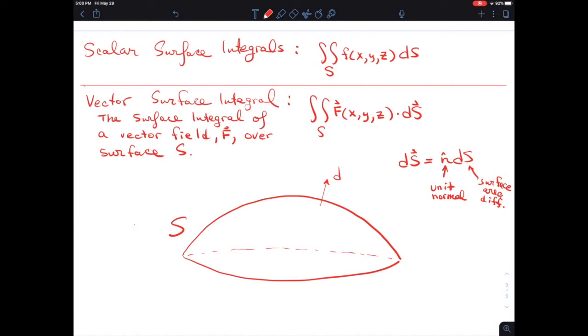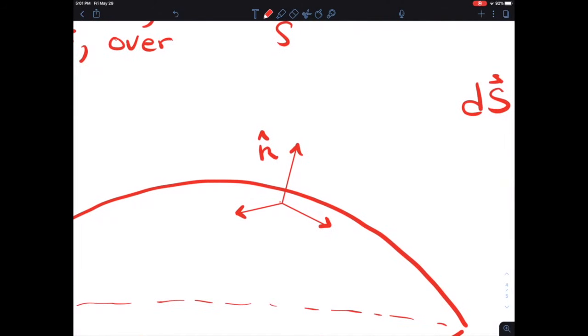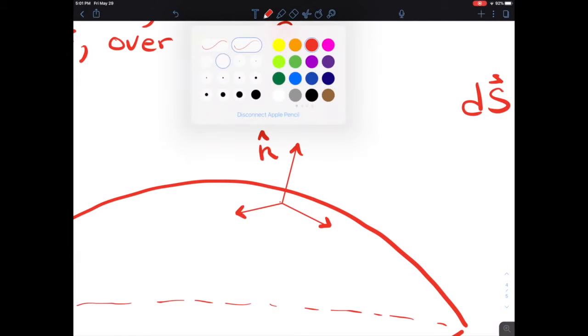Actually, I'm going to move over to the side here. And while I'm thinking about it, let's just do the unit normal here. Okay. And then we'll have ds be the area. So you may remember that ds is the magnitude of a cross product. So we're going to have like an RU du going in one direction.